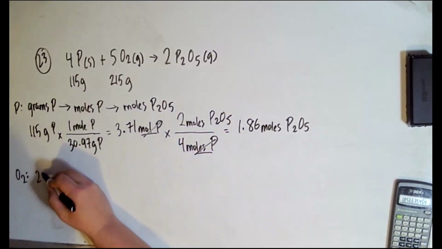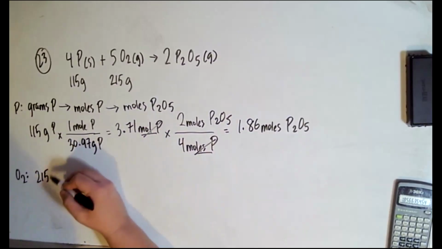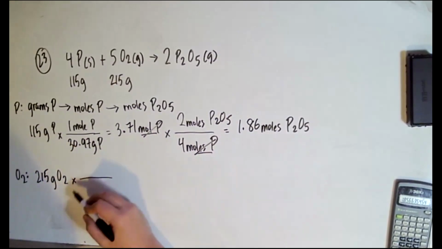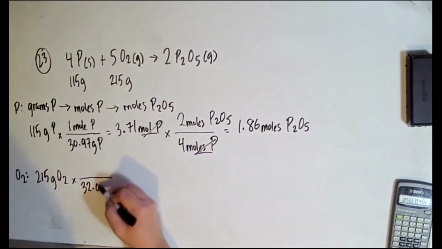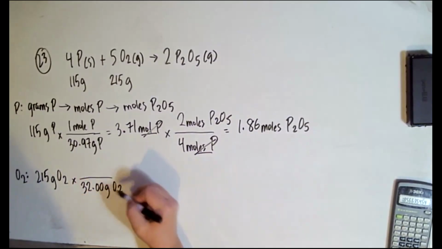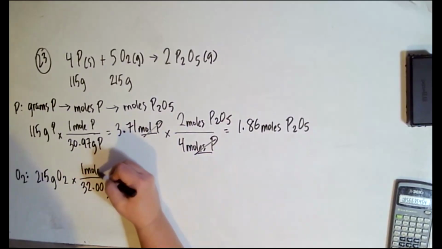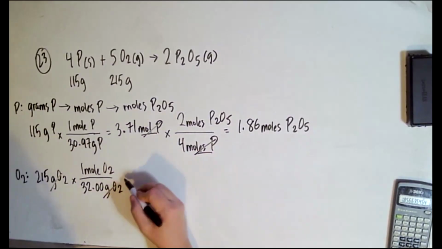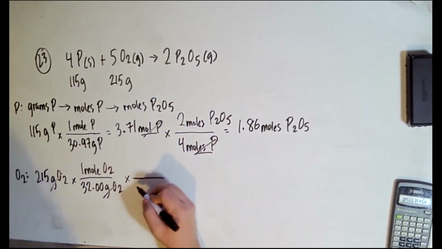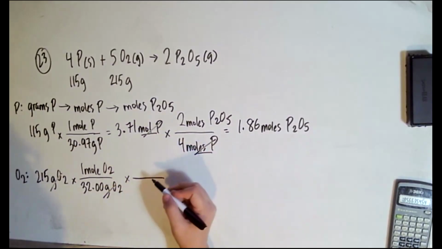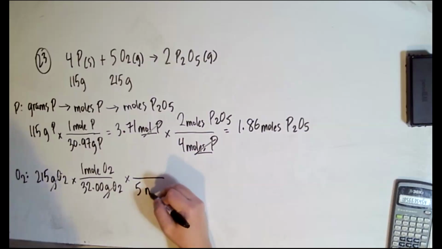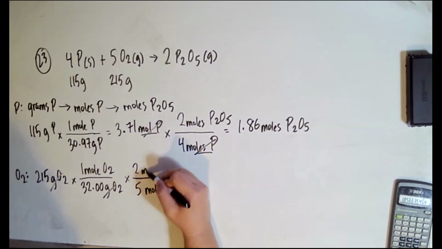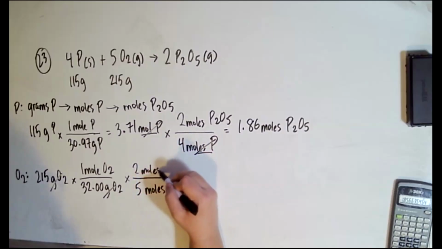So if we start out with 215 grams of oxygen, our first step is going to be to take our molar mass of oxygen and find moles of O2. Our next step is to use our coefficients in our balanced equation to show us that every 5 moles of O2, we're going to make 2 moles of P2O5.